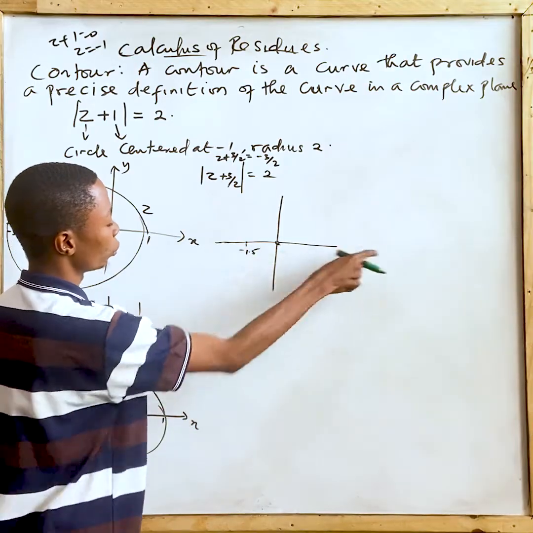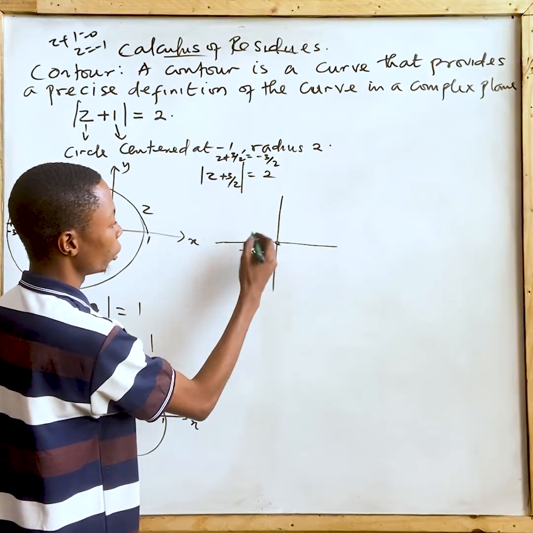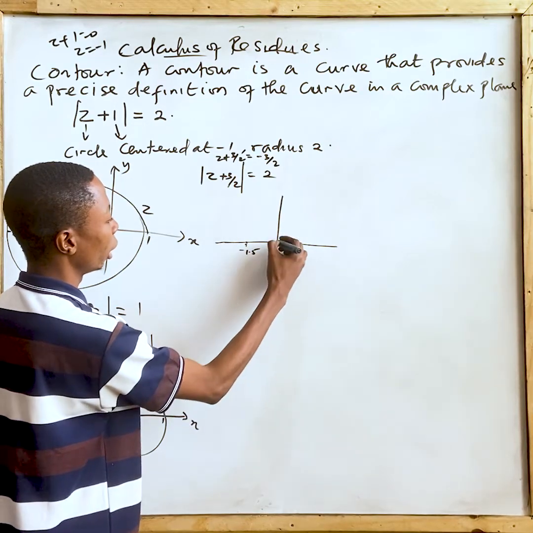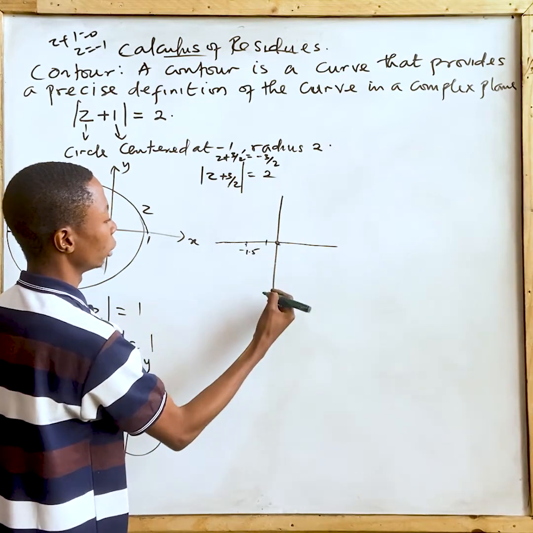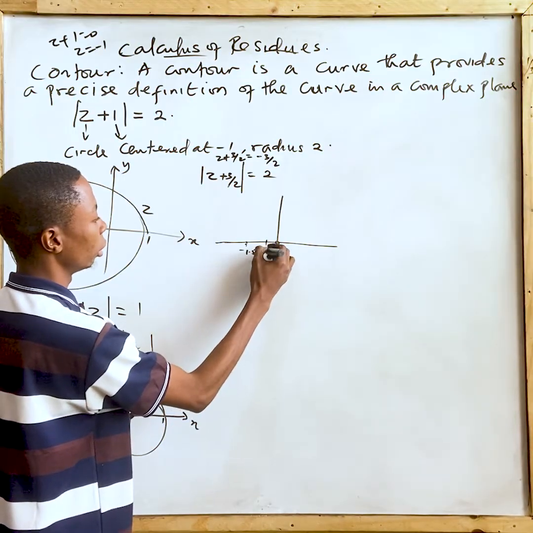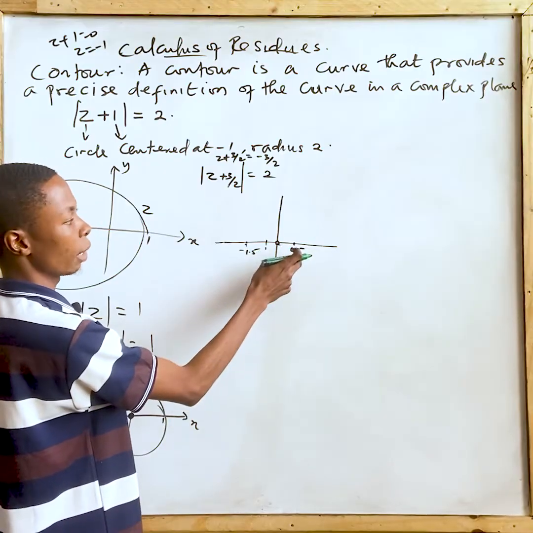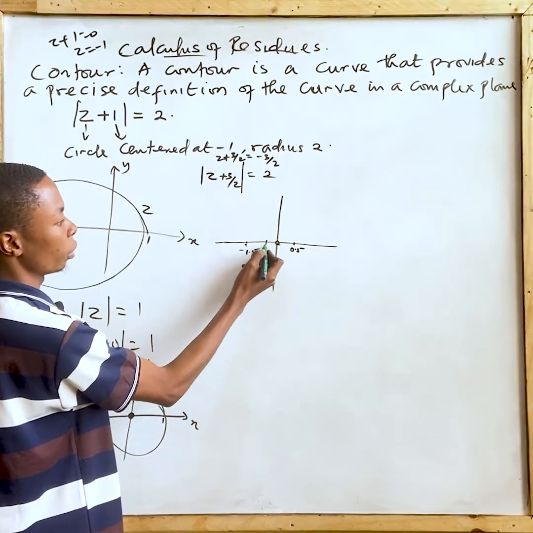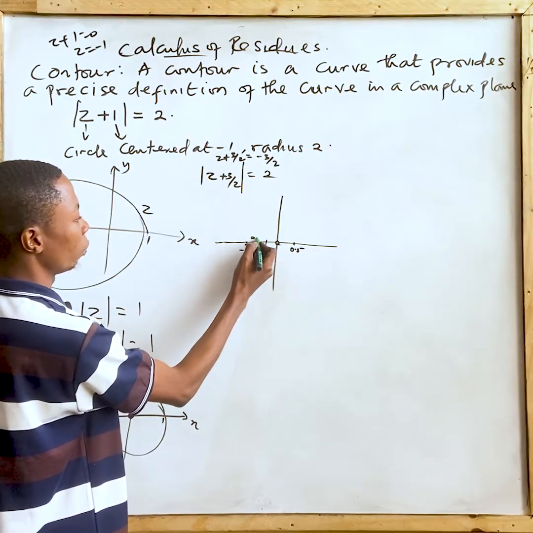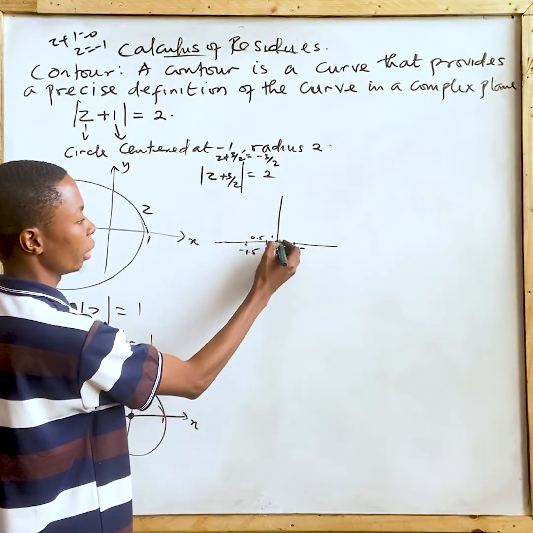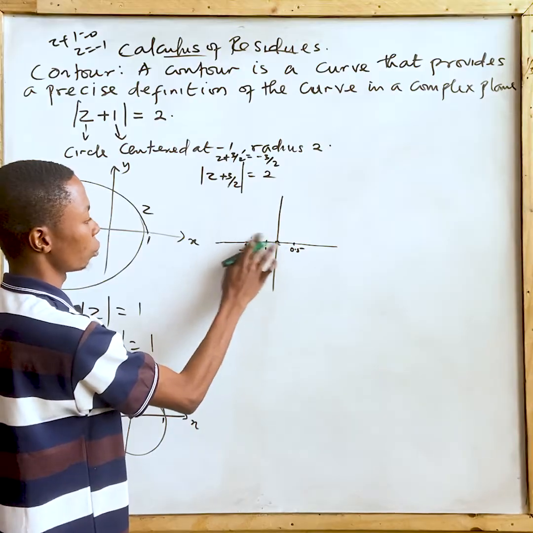If I add 2 to the right of minus 1.5, from here to here, let's say this is 1, this is 0, this will be 0.5. So from minus 1.5 to 0.5 will be 2. Minus 1.5 to 1 is 0.5, 1 to 0 is 1, that's 1.5, then 0 to 0.5, that's 2.